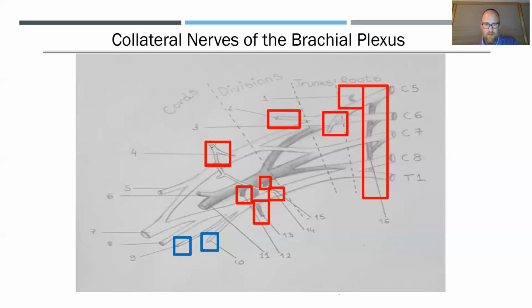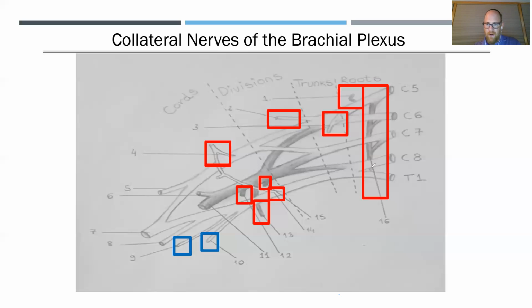Then we come down here to this grouping at the bottom. So we have the lateral subscapular nerve. We have our medial pectoral nerve here. We have our thoracodorsal nerve here, which innervates our lat. And then we also have our lower subscapular nerve. All right. And then we come over here.